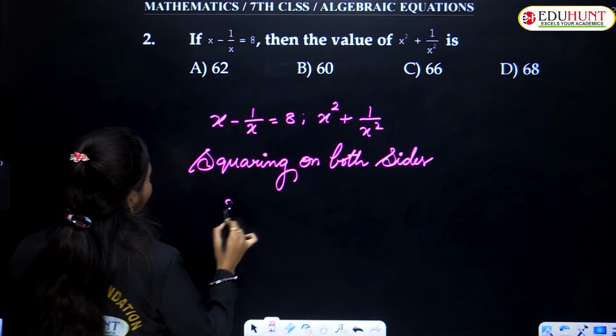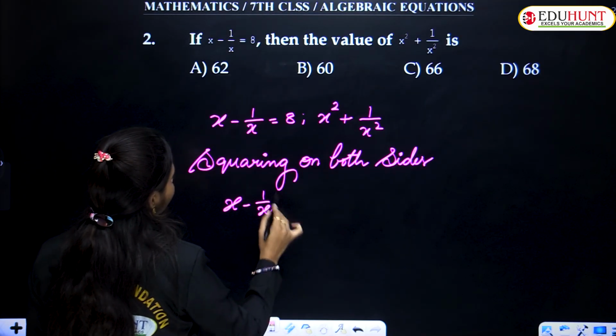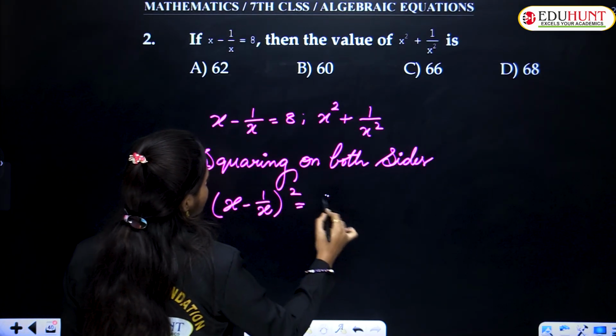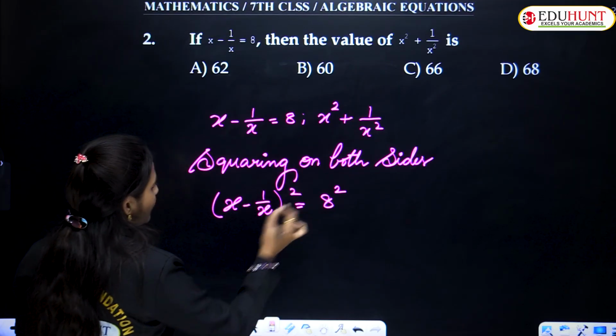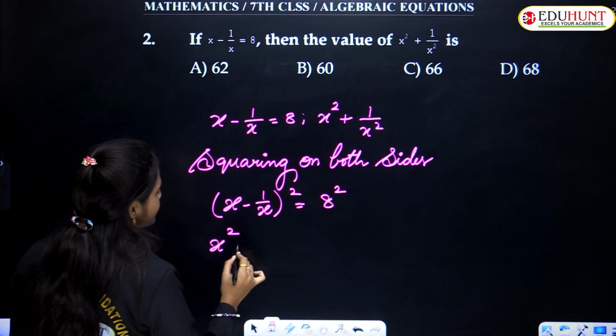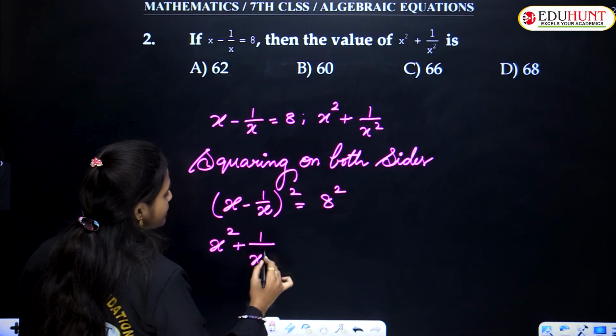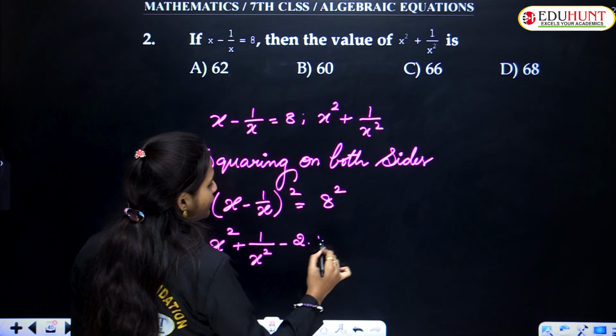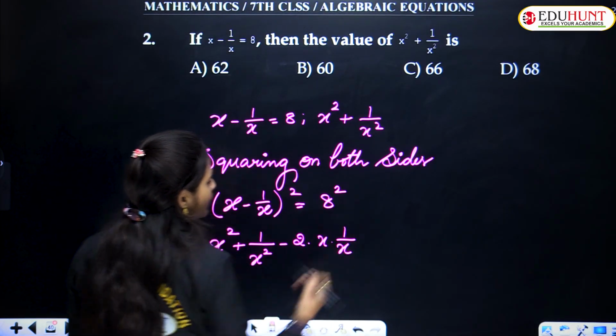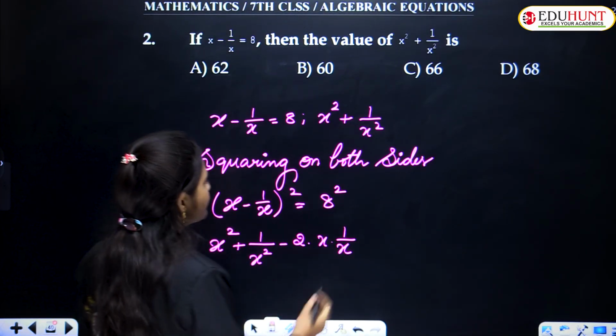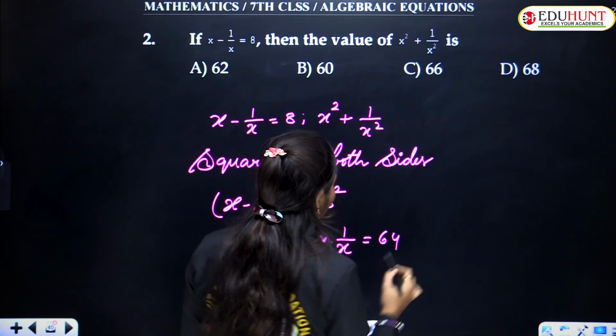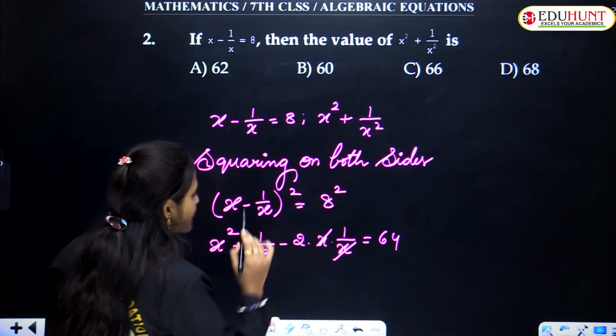So x minus 1 by x whole square is equal to 8 square. It is a minus b whole square: a square plus b square minus 2 into x into 1 by x, that is 2ab, which equals 64. Here x and x get cancelled.